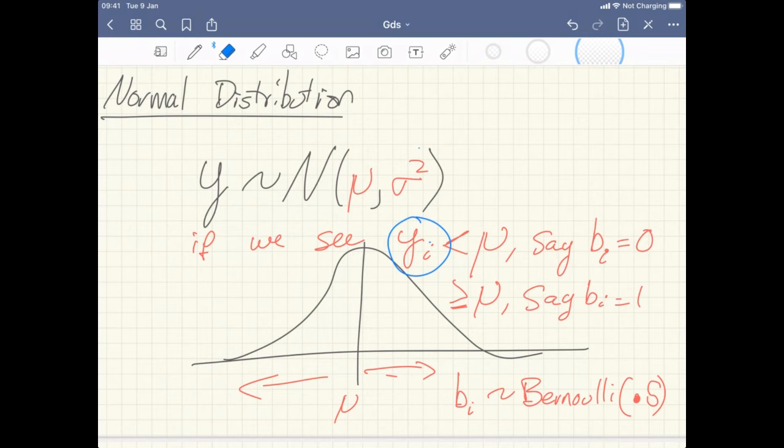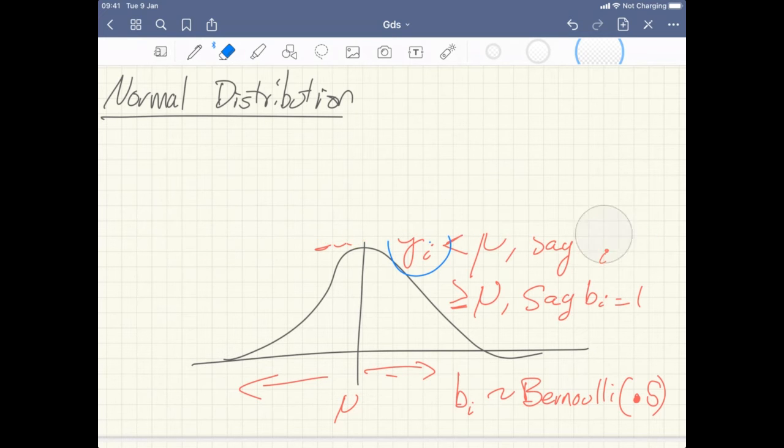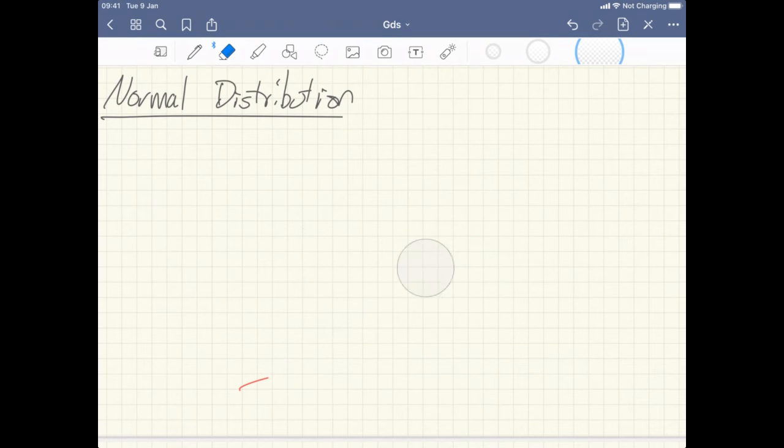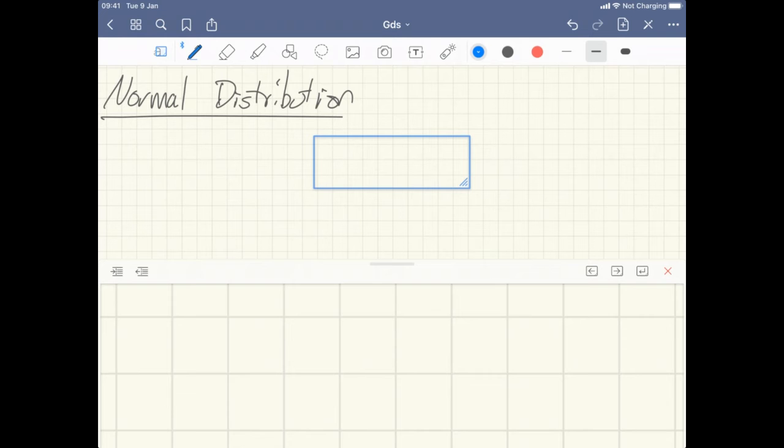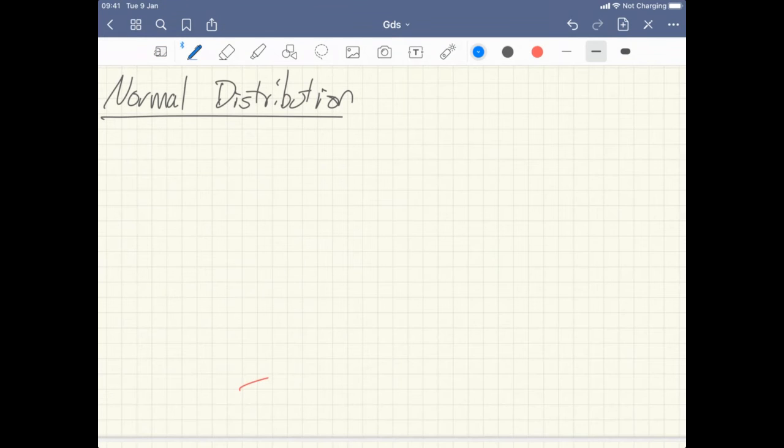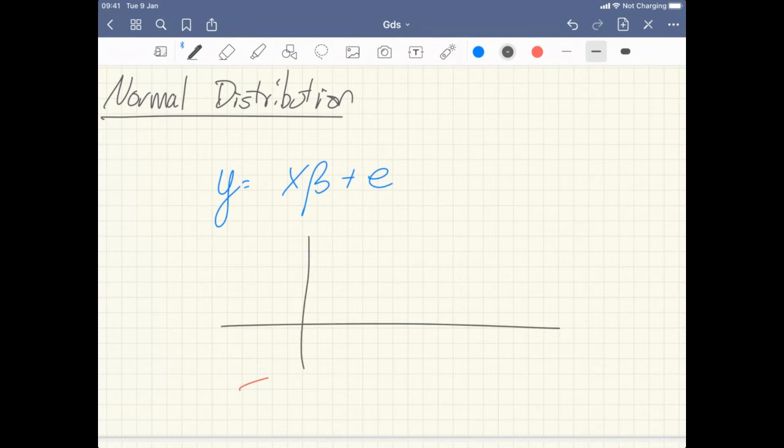Another great example might be, you know how when you do linear regression, sometimes you'll say y is a function of x beta plus e for some covariates, and you see that y is really skewed.